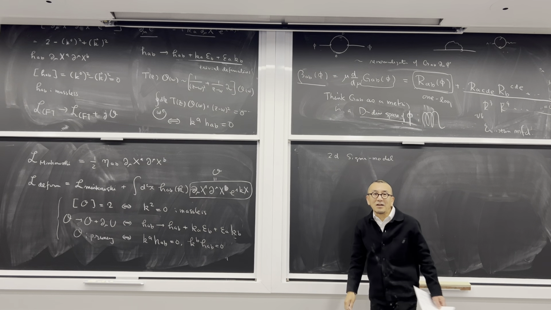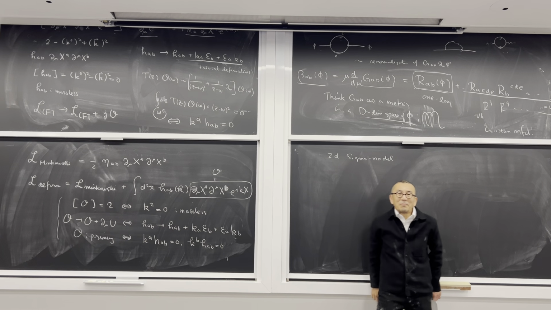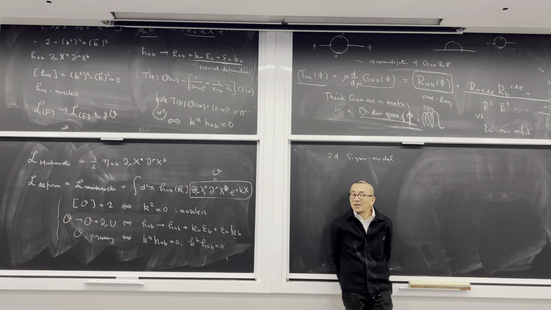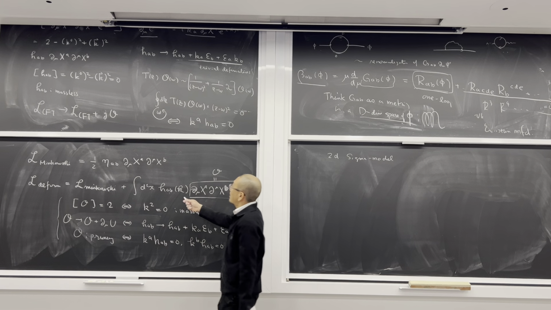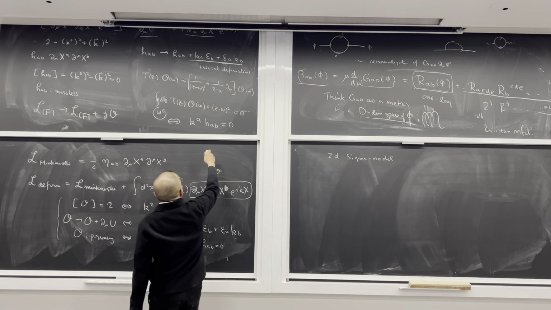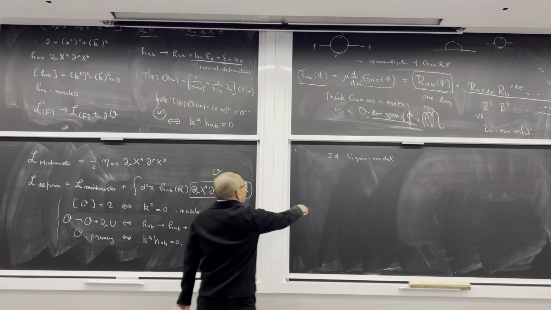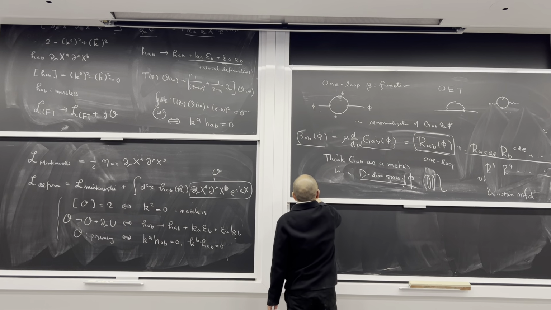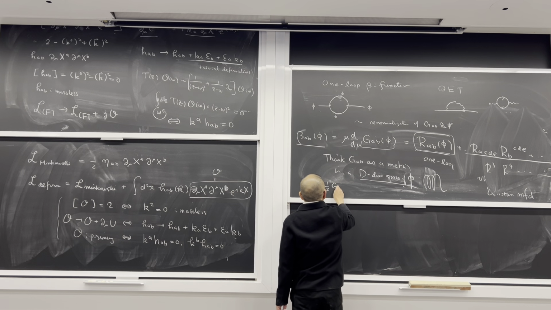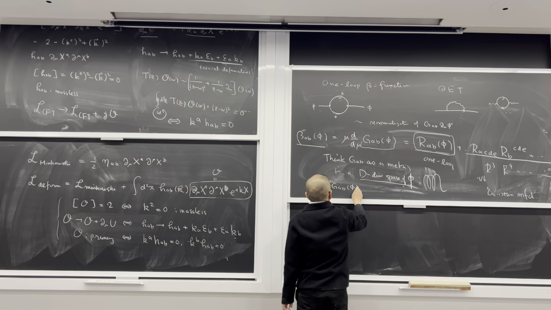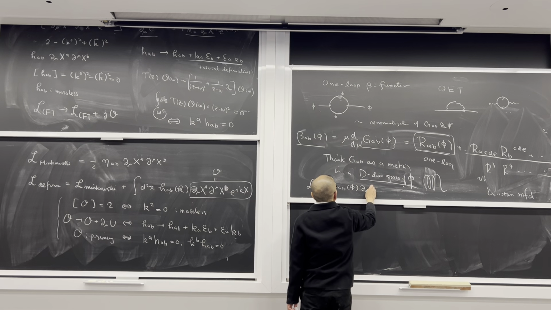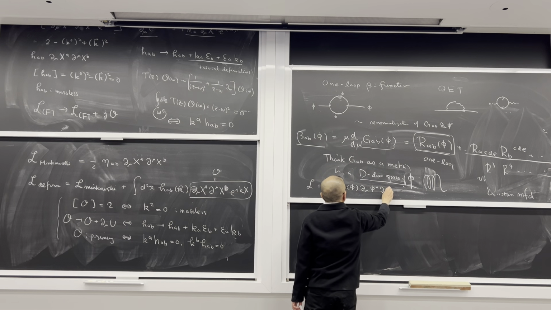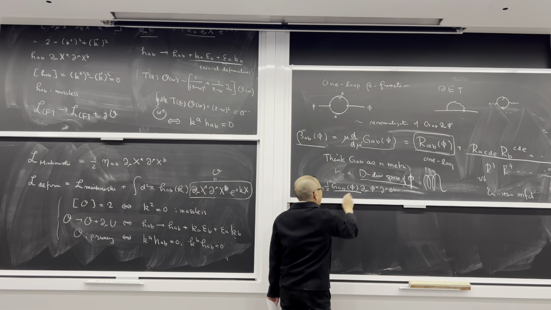It's a historical name, from when particle physicists first introduced the idea that the kinetic term may have field dependence. Here, for example, we are considering a situation where the Lagrangian has a kinetic term which depends on the field.